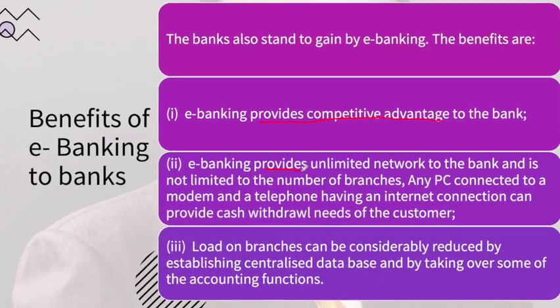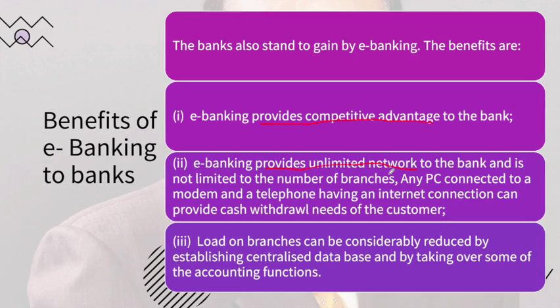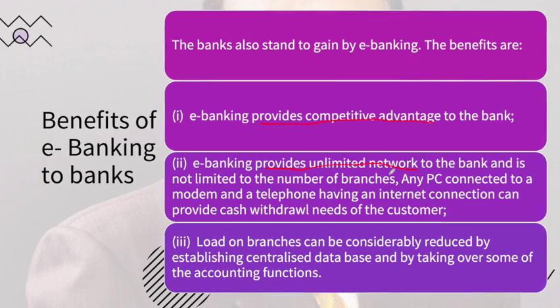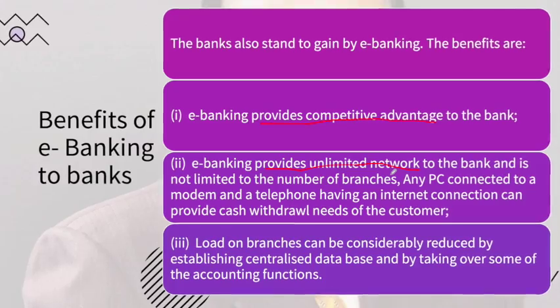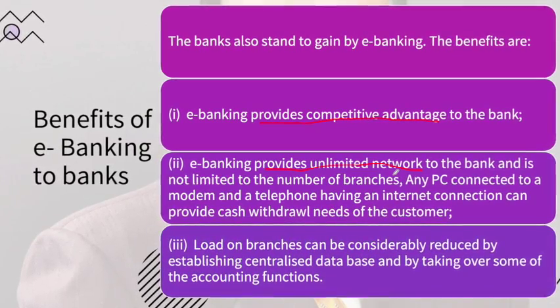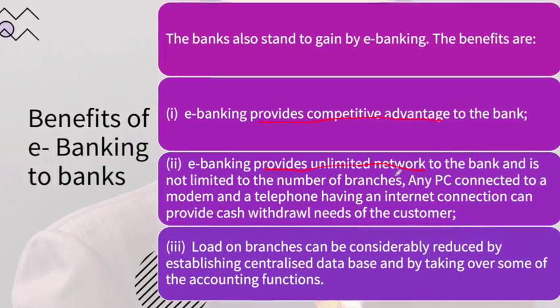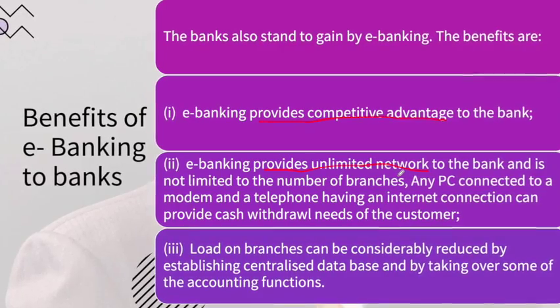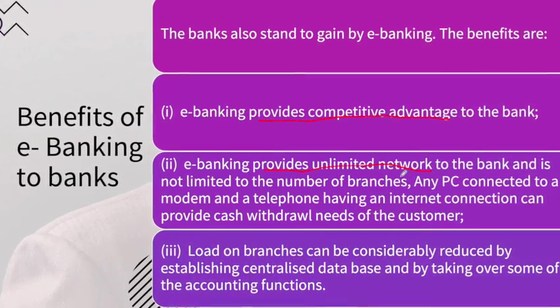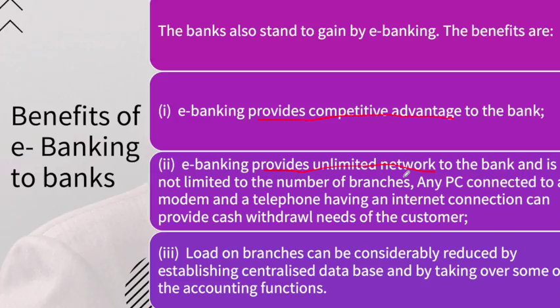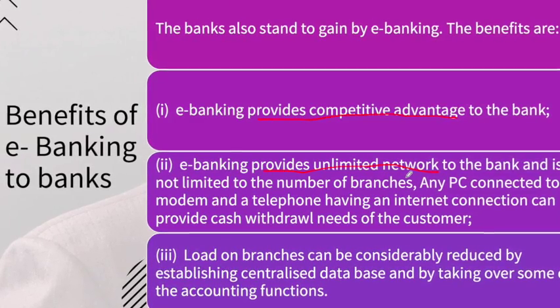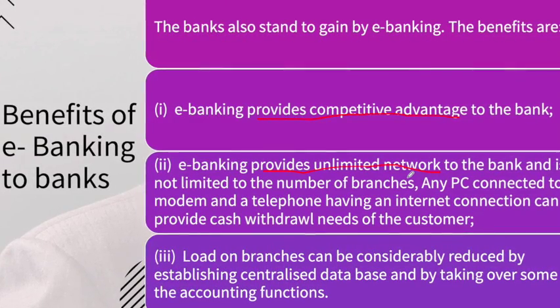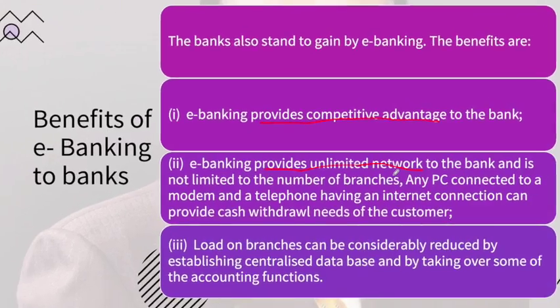Then it provides an unlimited network. Now banking is not limited to the number of branches only. So any PC or any mobile connected to the bank has now become the bank. Like you must have heard nowadays that many banks are providing facilities where you can withdraw money from any shop.